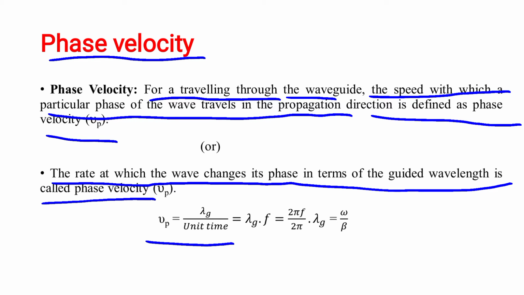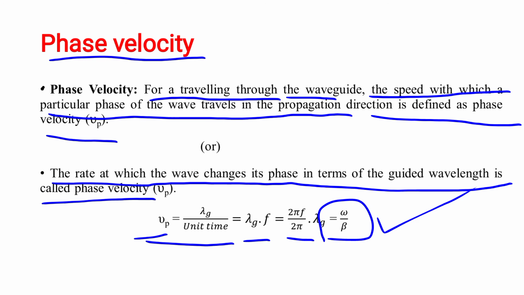We can write time in terms of frequency, that is 1 by t is equal to f, so lambda g into f. Here I simply multiply and divide this term by 2 pi, then I get the equation Vp is equal to omega by beta. This is about the phase velocity and the formula for its calculation.